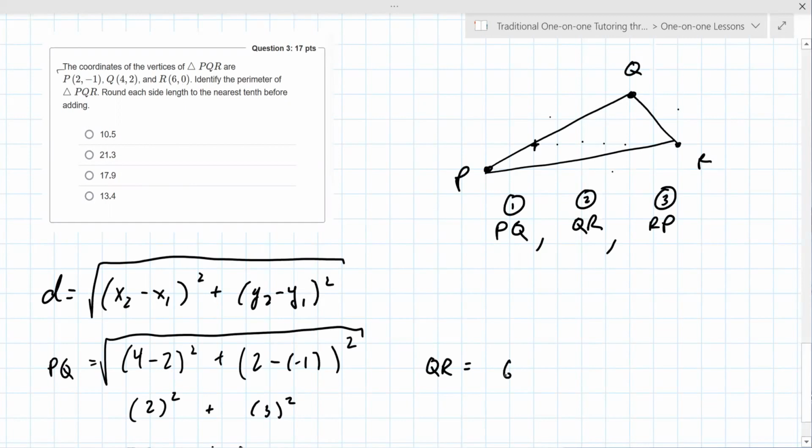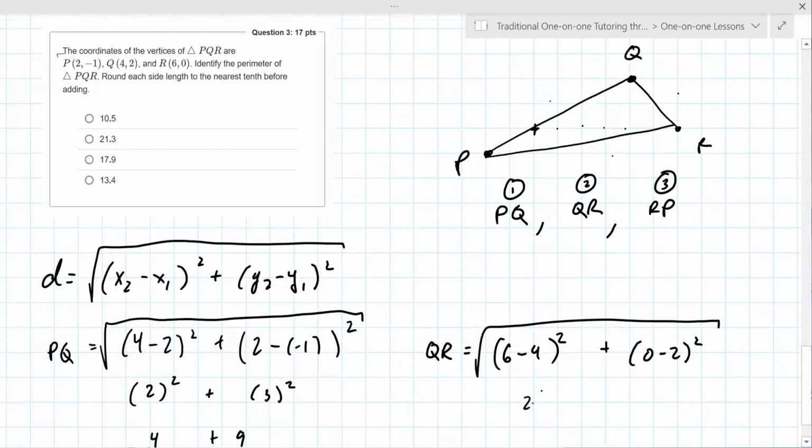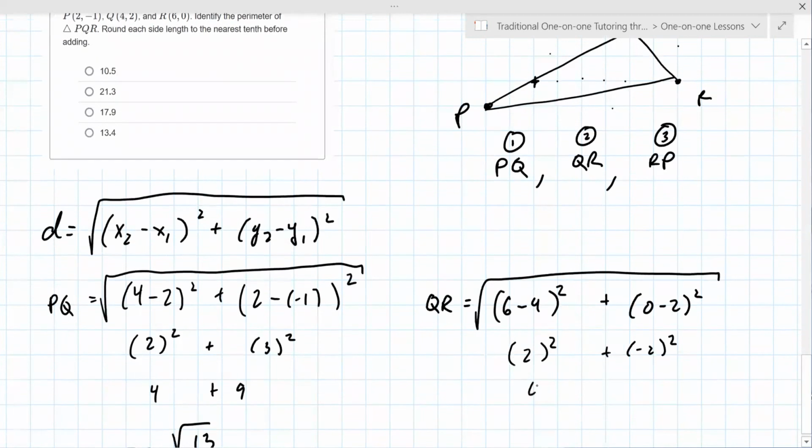So it's the square root of (6 minus 4) squared plus (0 minus 2) squared. So that's 2 squared plus negative 2 squared. So that's 4 plus 4. So that's the square root of 8. So we've got 2 of the 3 sides.